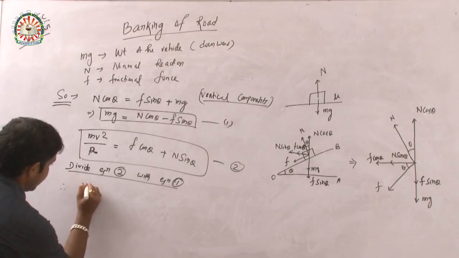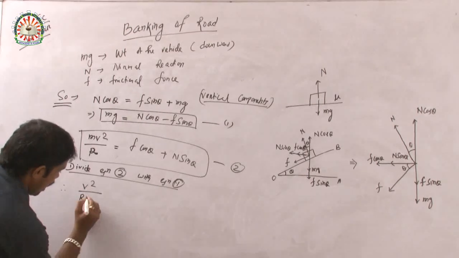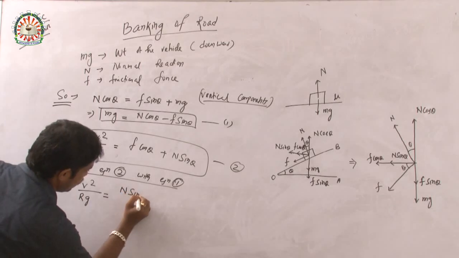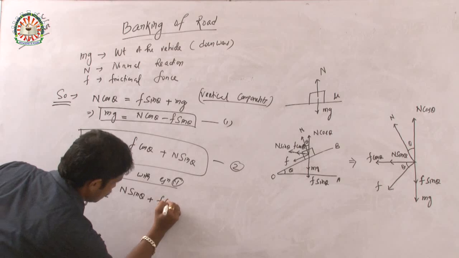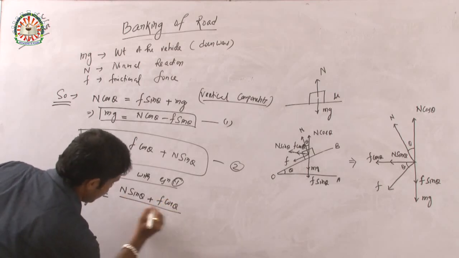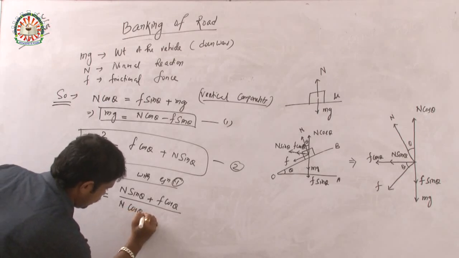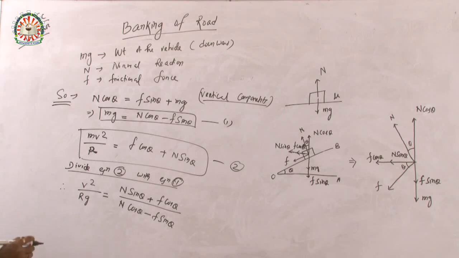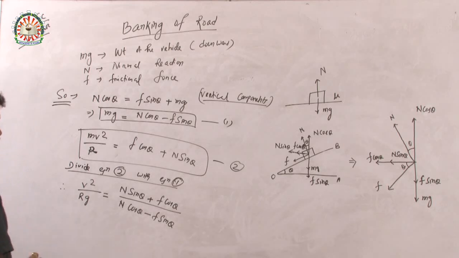We will get v square by rg is equal to n sin theta plus f cos theta divided by n cos theta minus f sin theta. This I will get. Yes or no? Clear all of you?